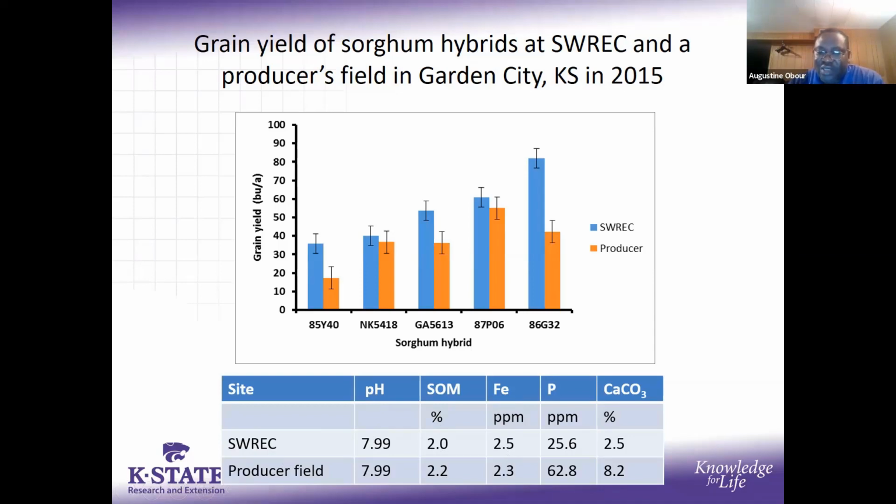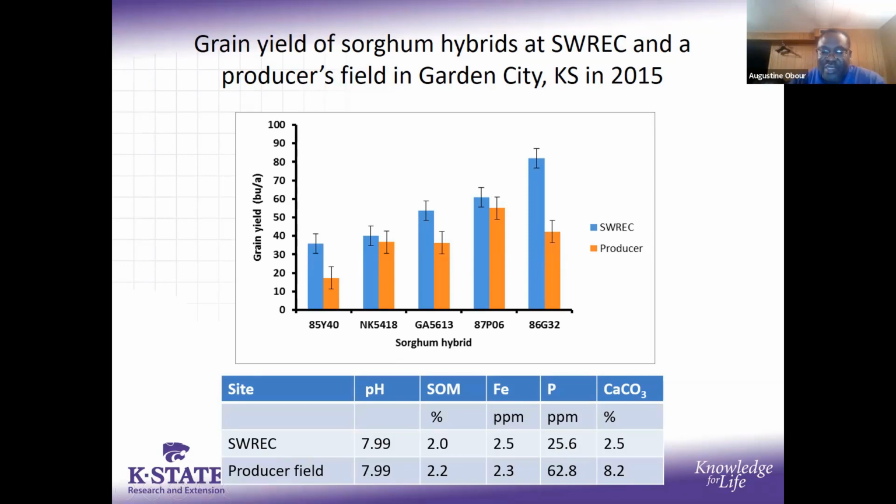However, if you look at the soil phosphorus levels, at our research station we have about 26 ppm soil test phosphorus. The producer site has about 63 ppm phosphorus. And then when you look at the calcium carbonate percentage, we have 2.5% at our research station, and then the producer site has about 8% calcium carbonate.